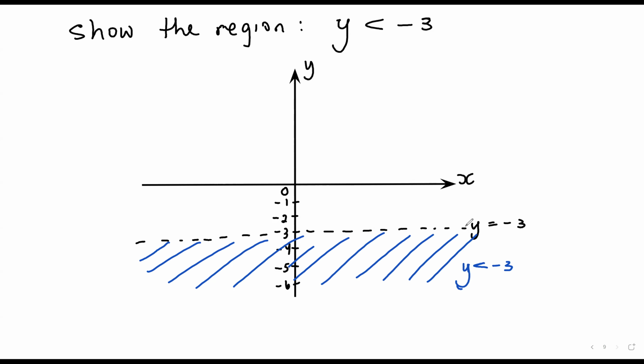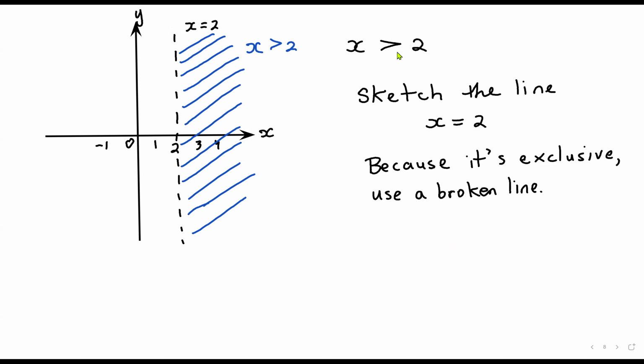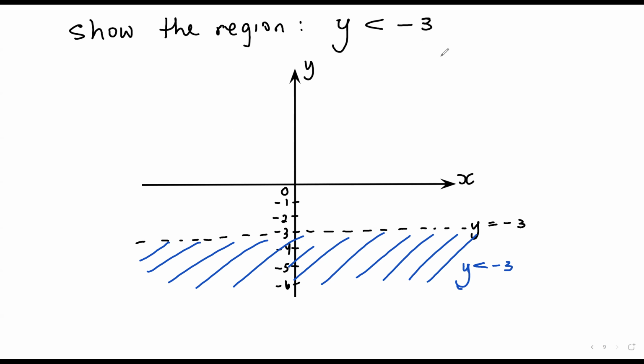Before I move on to another one, let's look at the inclusive inequalities now. So this one was x is greater than 2. This one was y is less than -3. The exclusive inequalities, you use broken lines, right? For the inclusive inequalities, what type of line do you think we'll use?